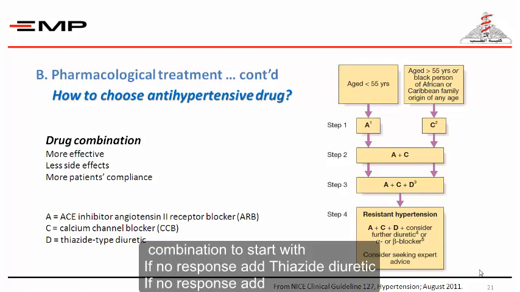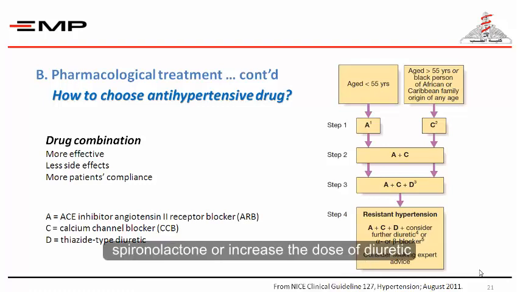Resistant hypertension will be explained later in a different lecture, but we should consider further diuretic addition or adding alpha or beta blockers. Also consider seeking expert cardiologist advice.